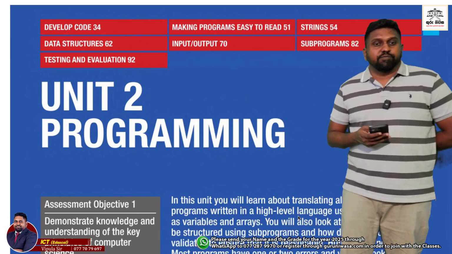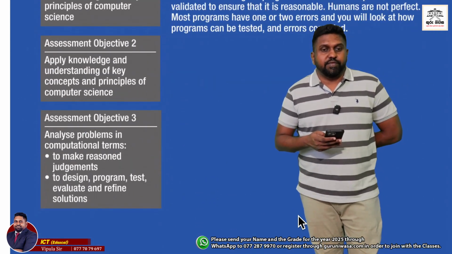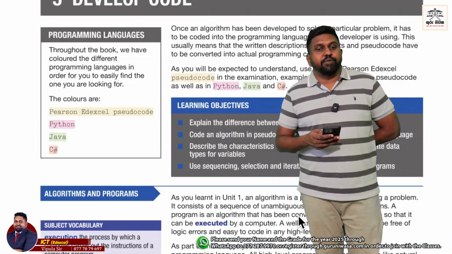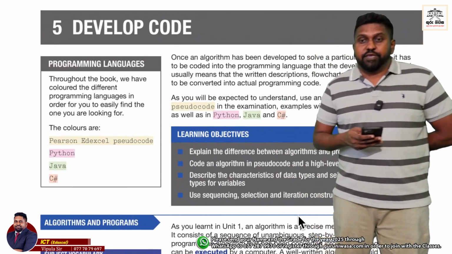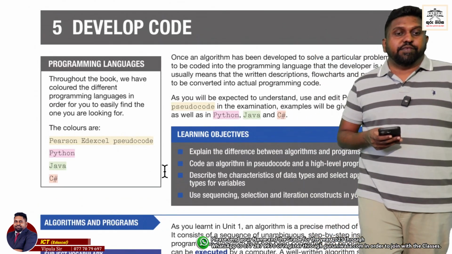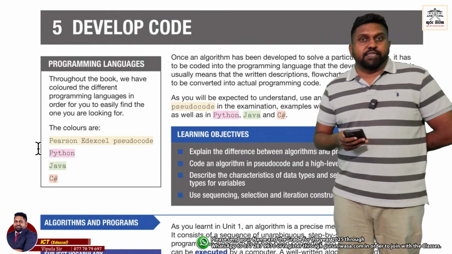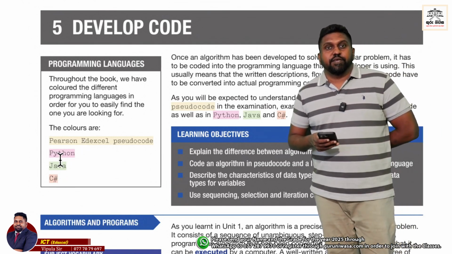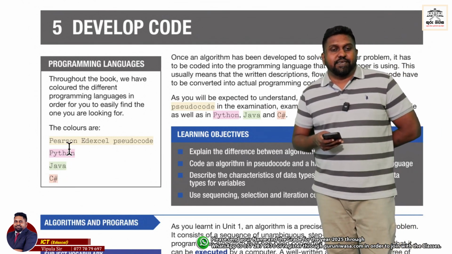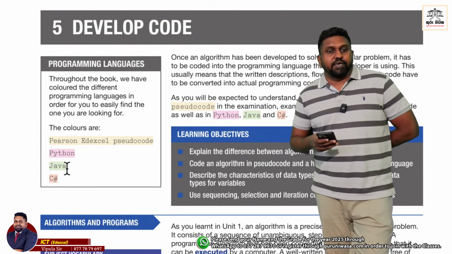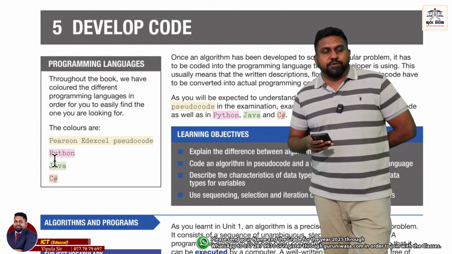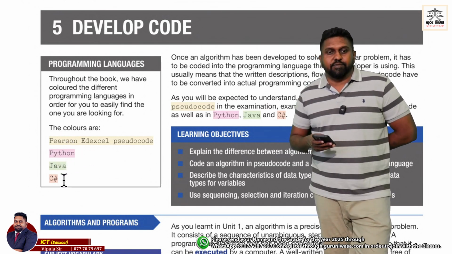Just to give you a quick brief about the programming code, we will be starting from developing code. We will be using Python in this case, but if you would like to learn Java or C Sharp as well, let me know. I think it will be easy for me to show in Java, and I can show C Sharp as well.